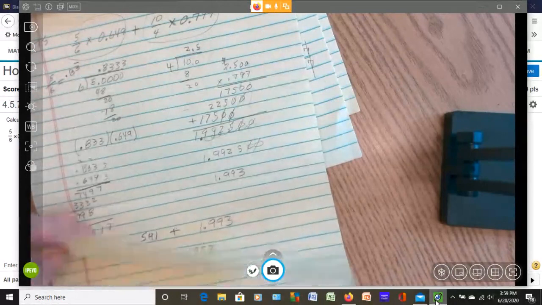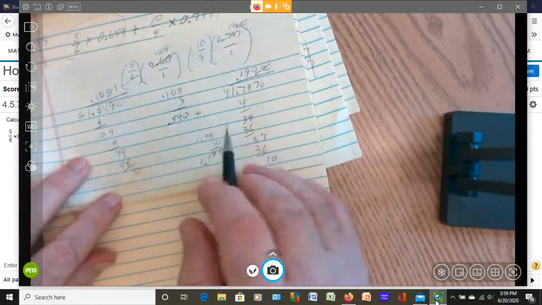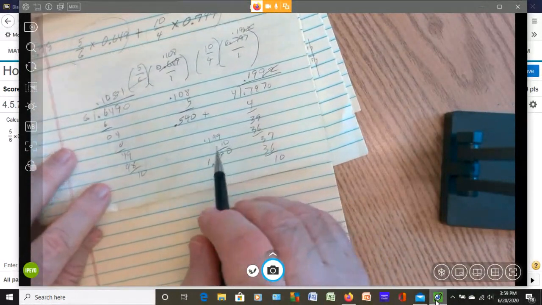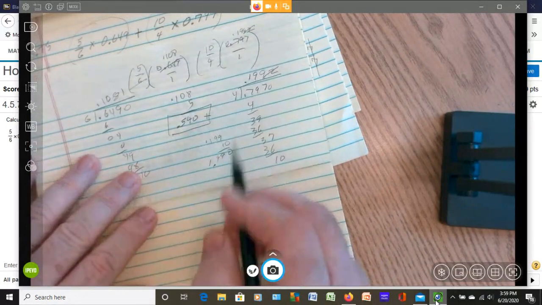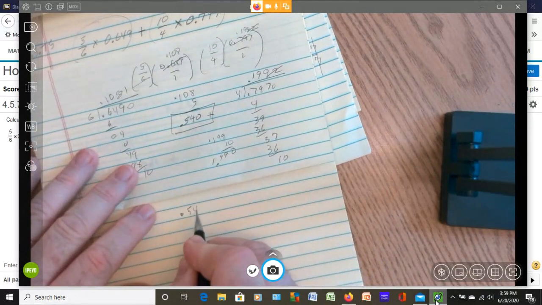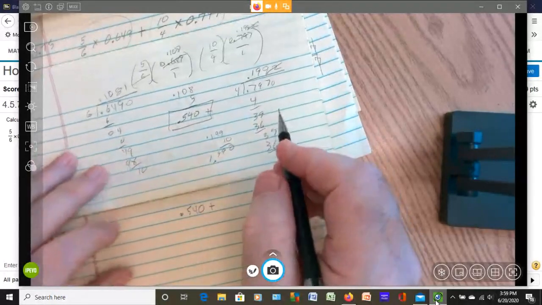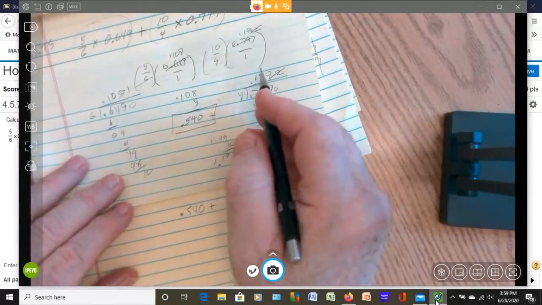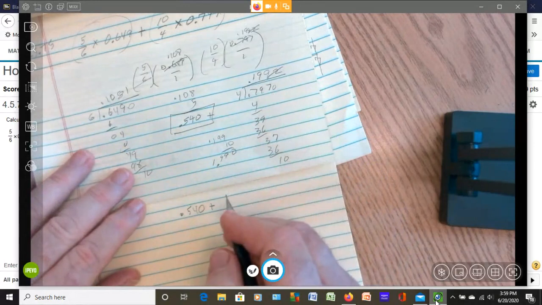Okay, so now what do we have? Now we have 0.540 plus, and what did I get when I multiplied that by 10? I got 1.99.